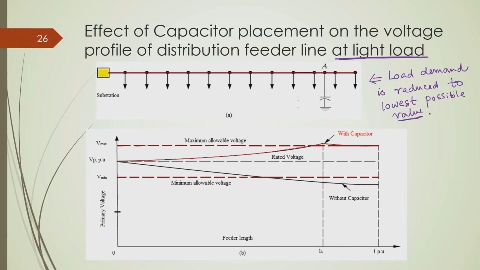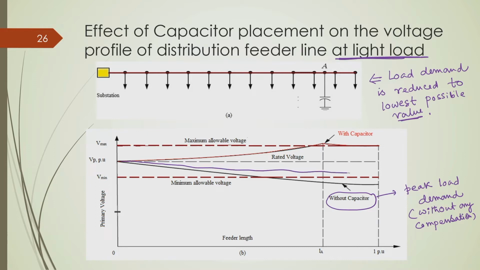Under this scenario, this was the voltage profile of this network at peak load demand without capacitor or without any compensation, and at this light load condition the voltage profile will of course be shifted upward like this, with the voltage continuously declining and it will be like that, let us say.